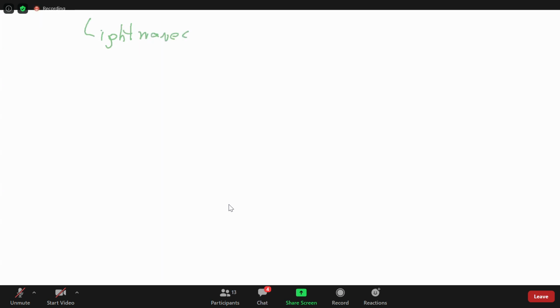I'm having a little trouble with this. I thought this wrist pad was going to make it easier.